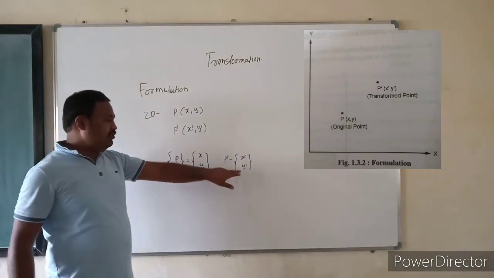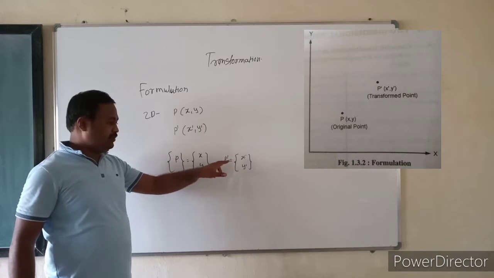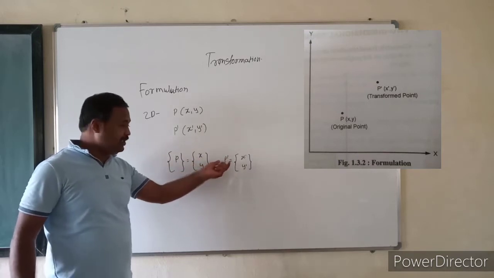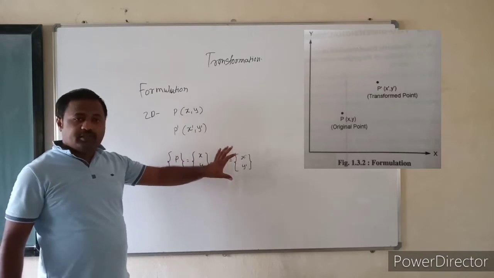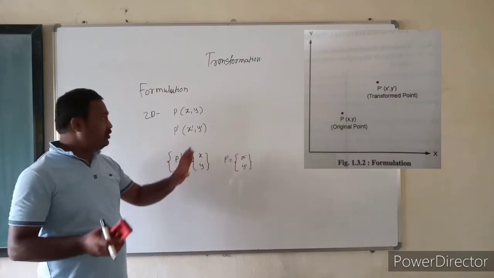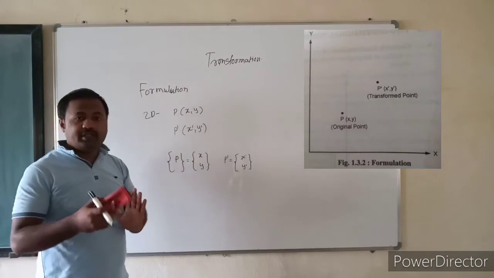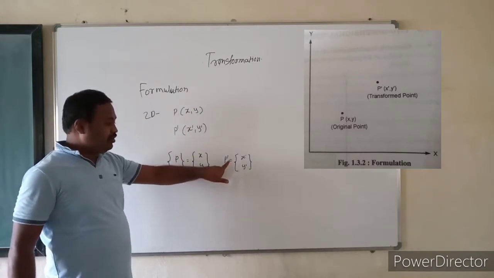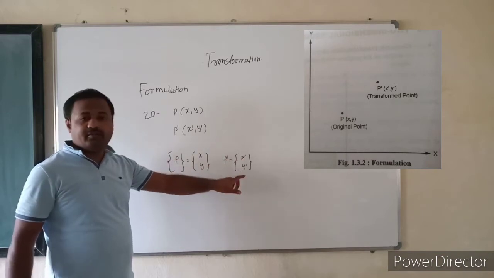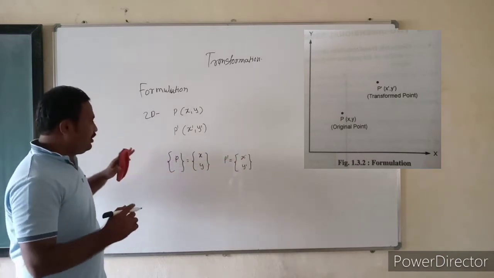For finding the new coordinates P dash, you require a formula, and for that you have to formulate this. Formulation means you can find the formula for calculating the coordinates of P dash, x dash y dash.